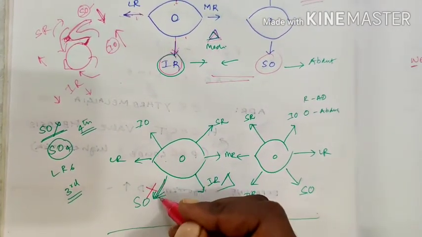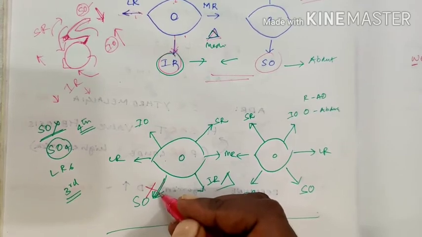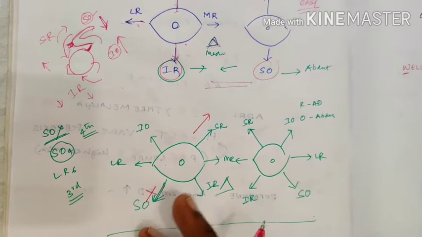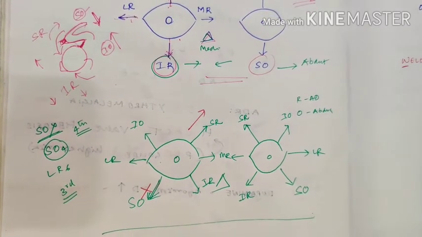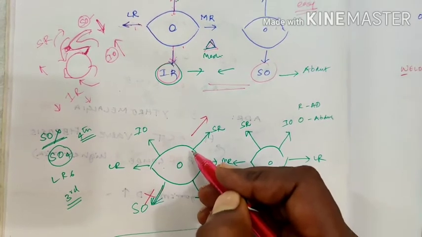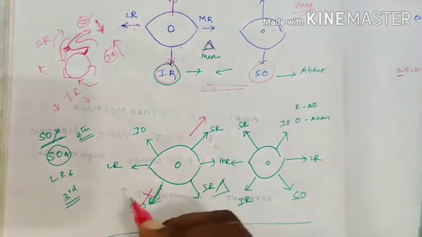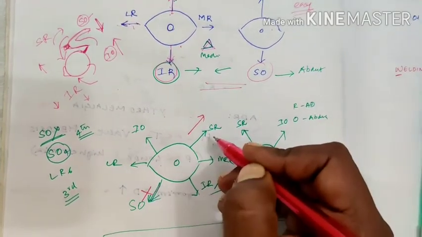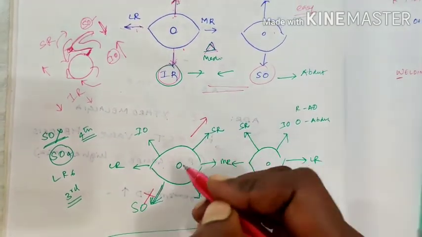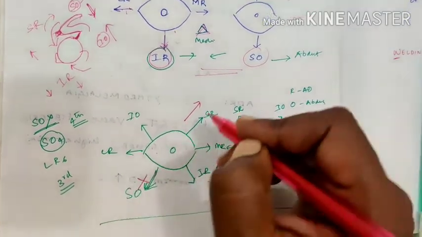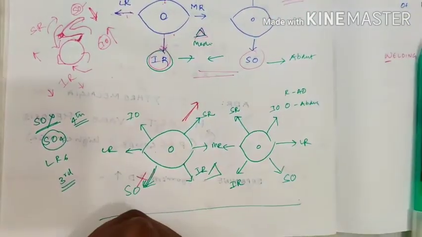Then which side will I turn? This side. That is simple. I will move upward and inside. This movement is neutralized. This is tackled by superior rectus. The opposite antagonist muscle is superior rectus. This movement will not be there. This movement will be superior and dominated.